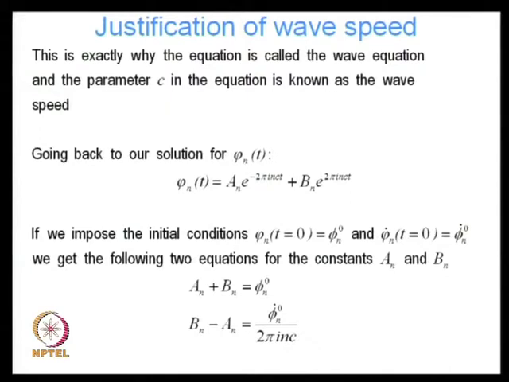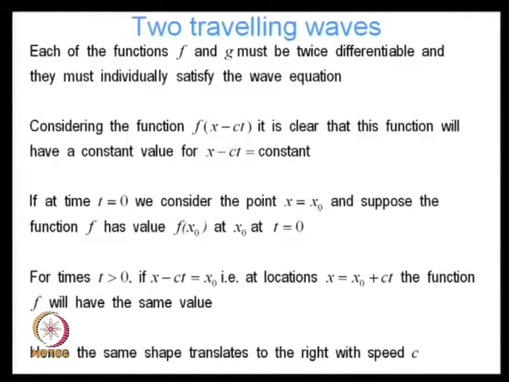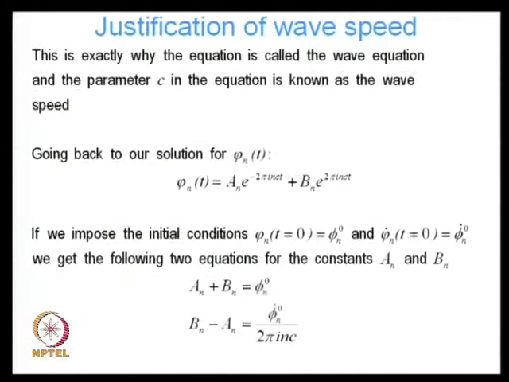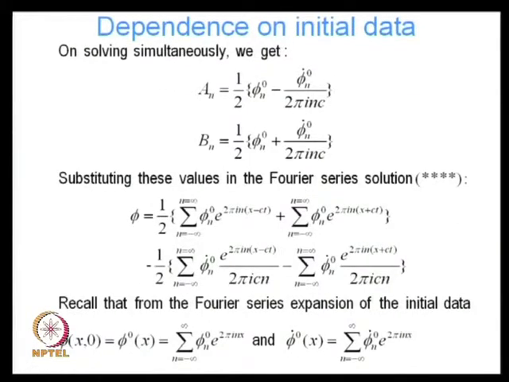So, let us go back to our solution for phi n of t, which we got right there, and we can see that phi n of t is of this form. If we impose the initial conditions, phi n at t equal to 0 is phi n 0, and phi dot n at t equal to 0 is phi dot n 0, we get the following conditions for the constants a n and b n. So we impose the initial conditions to evaluate these constants. We solve those two equations simultaneously, and we get our a n and b n of this form.